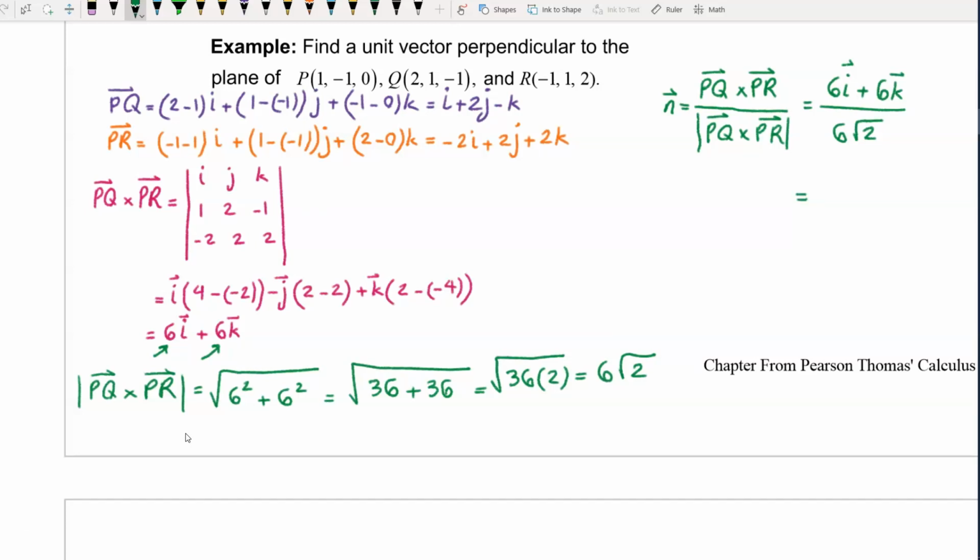And that is equal to, so here simplifying, we have 6i divided by 6 square root of 2. This is 1 over square root of 2 i plus we have 6k divided by 6 square root of 2, and that is 1 over square root of 2 k.